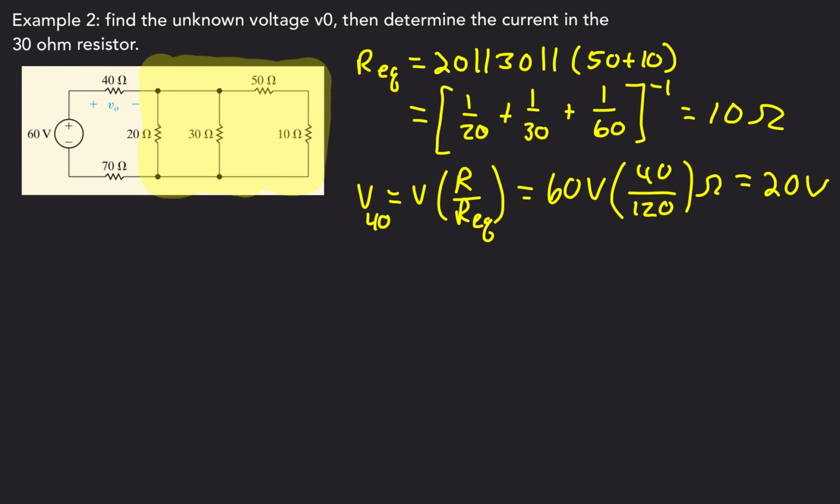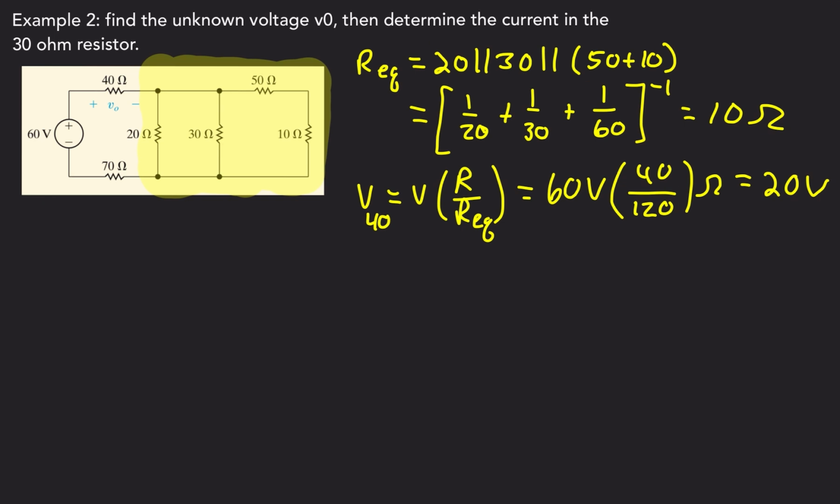Now we want to know the current in the 30 ohm resistor. So how do we find the current going into this circuit from this voltage source? Well, we know the voltage here now, and we know the resistance, so we can use Ohm's law.